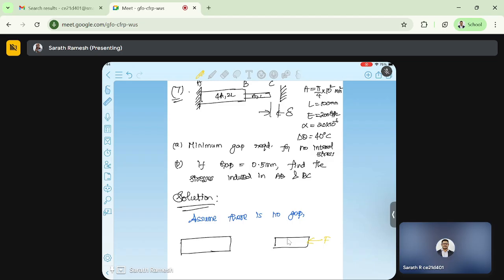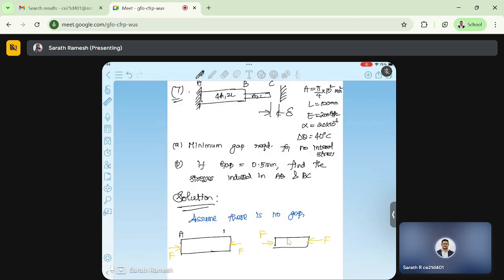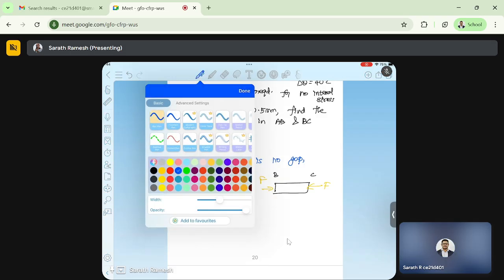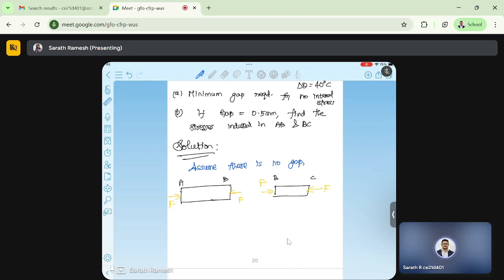Induced force. So this is equal to F. And this F, as per Newton's law, will come here and here. So both the bars are in compression, right? This is AB and BC. Fine. This is the free body diagram. That's simple. So now we need to find the minimum gap. We'll find the displacement at C and equate it with the gap, so that we can get the condition that this F has to be positive, right?